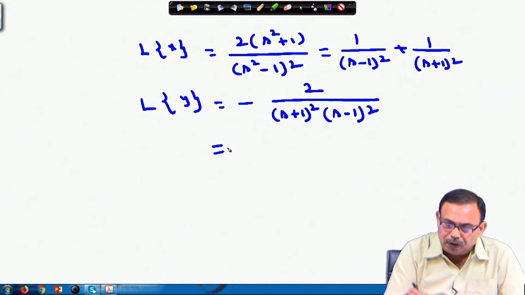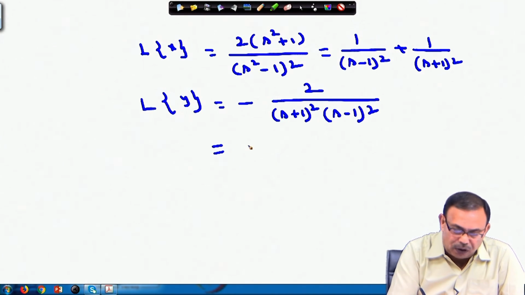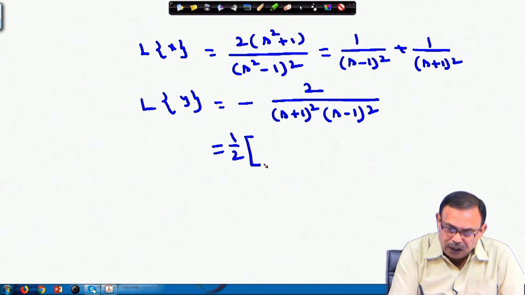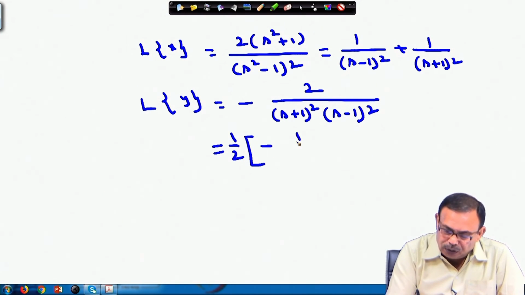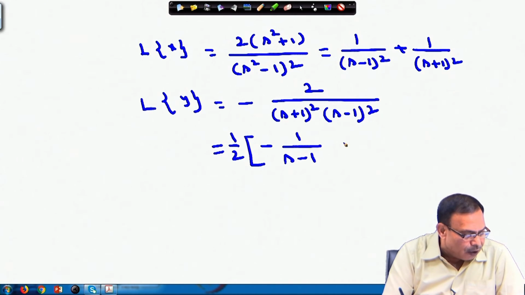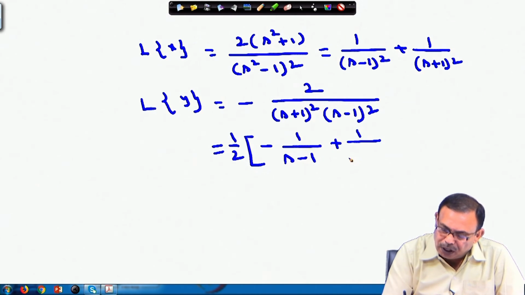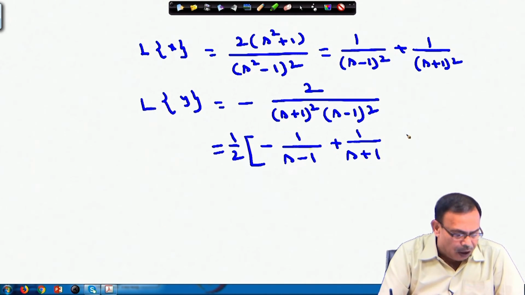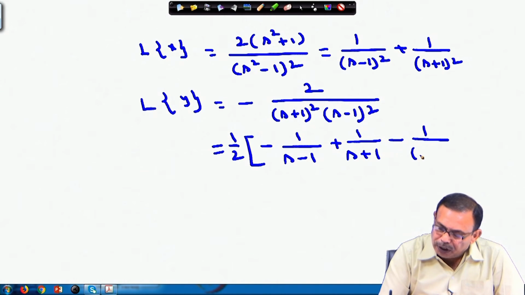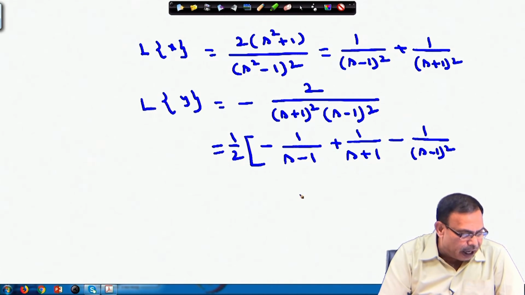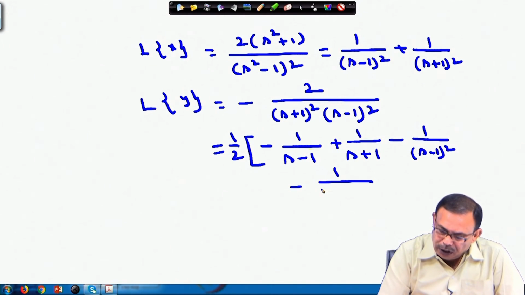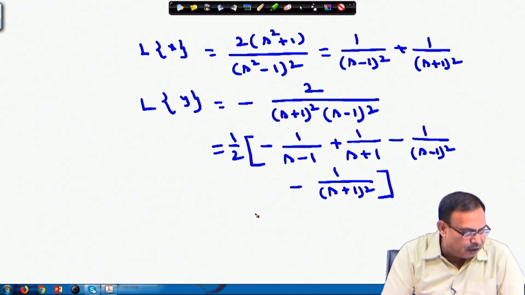Similarly, Laplace transform of y, this one also I can break like half into minus 1 by s minus 1 plus 1 by s plus 1, minus 1 by s minus 1 whole square and minus 1 by s plus 1 whole square. I can break it like this.